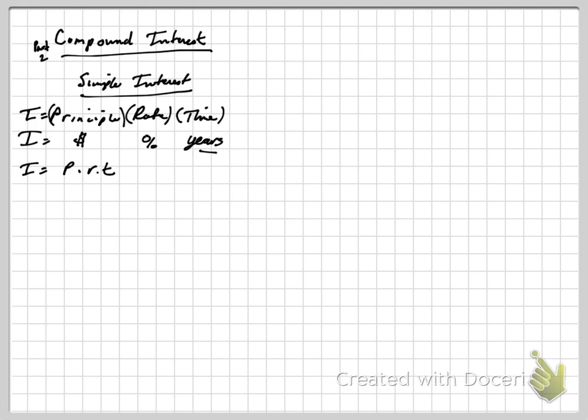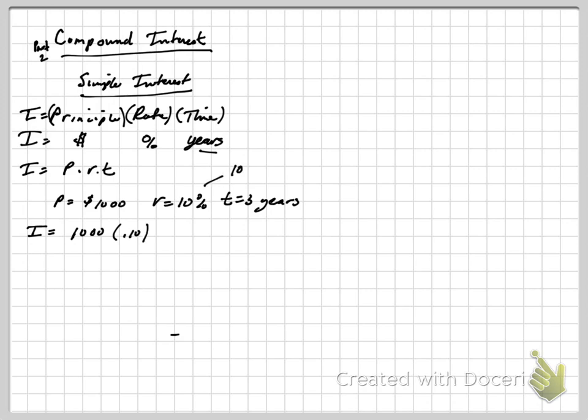So if I give you an example so we can compare it. Okay, let's suppose the principal is $1,000. The rate is 10%. The time is for 3 years. And the interest that you earn is going to be 1,000 times, and you have to convert percent to its decimal equivalent.